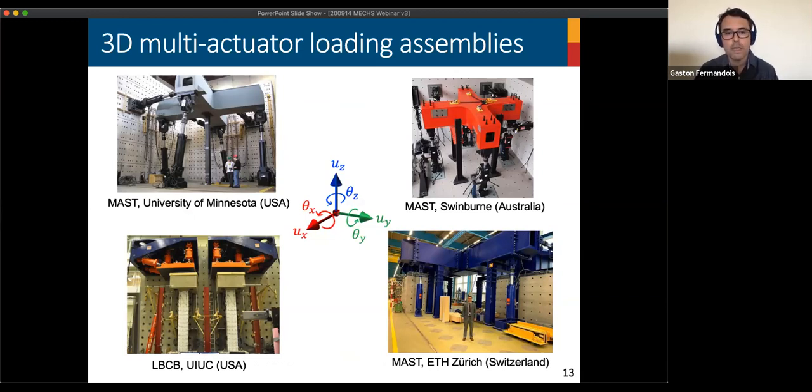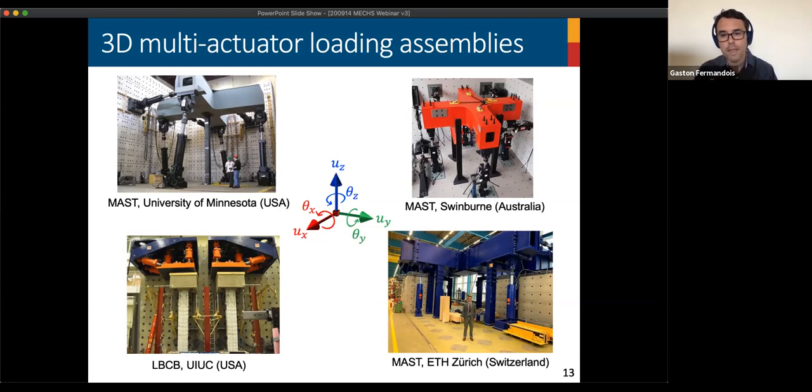For instance, at University of Minnesota, Swinburne, and ETH Zurich, they have this system called the MAST, the multi-axial subassemblage testing system. And at University of Illinois, they have these boxes called LBCBs, which stands for load and boundary condition box.